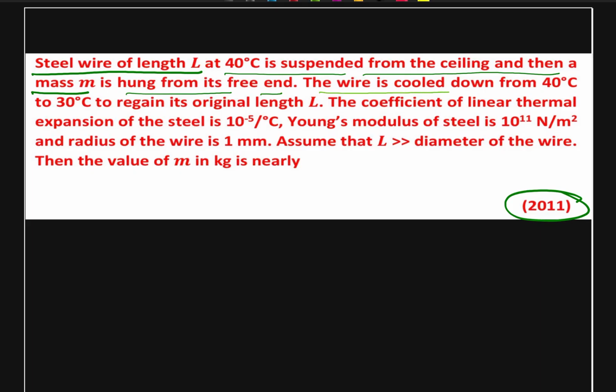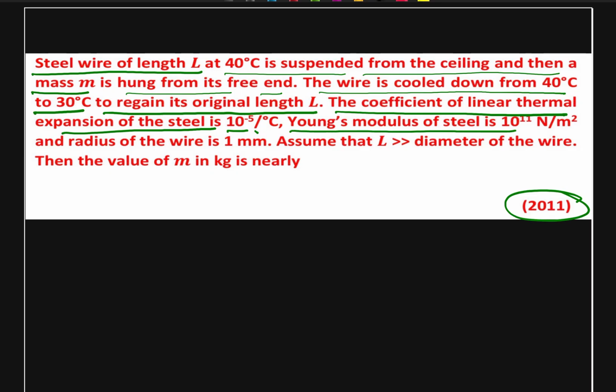The wire is cooled down from 40 degrees centigrade to 30 degrees centigrade to regain its original length L. The coefficient of linear thermal expansion of the steel is 10 to the power minus 5 per degree centigrade. Young's modulus is 10 to the power 11, and radius of the wire is 1 millimeter. Assume length is very much larger than the diameter of the wire, then the value of m in kg is nearly.